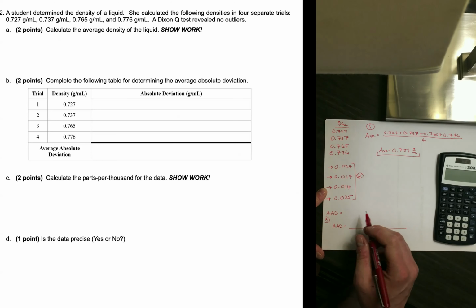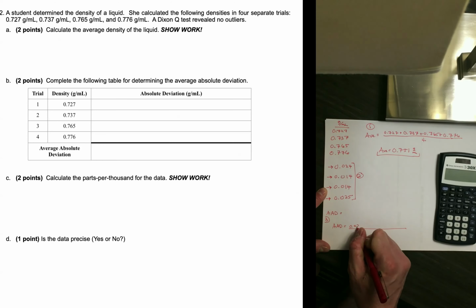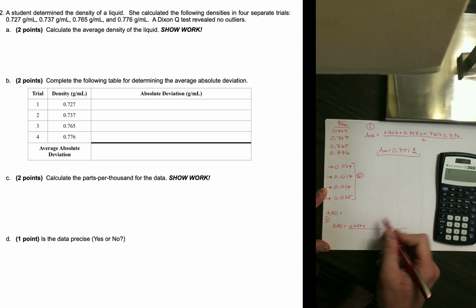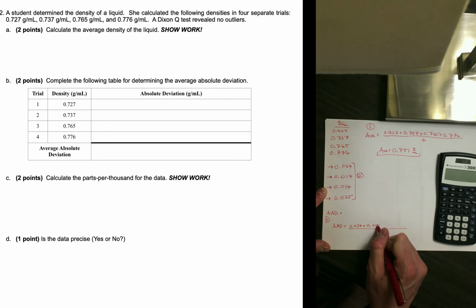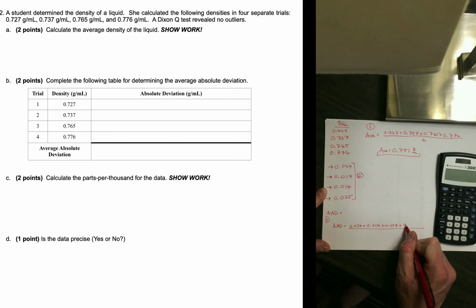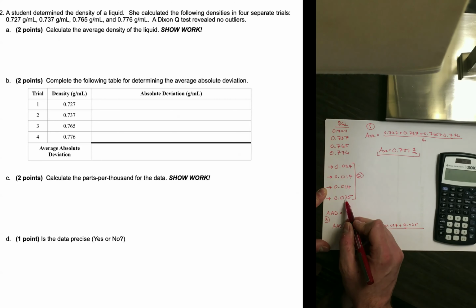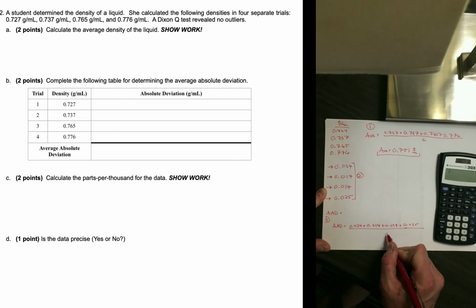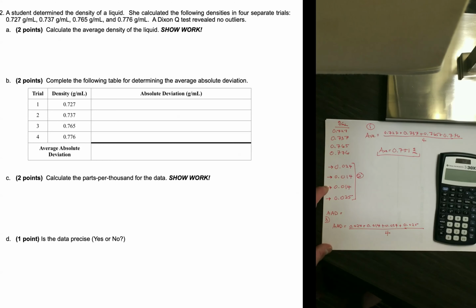So the first one would be 0.024 plus 0.014 plus 0.014 plus 0.025. And there's 4 of these points again, so I would divide by 4. So I'm just calculating an average, but of a different set of numbers. So let's calculate what this is.